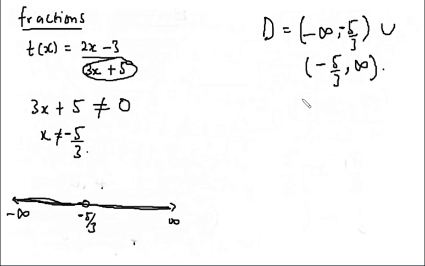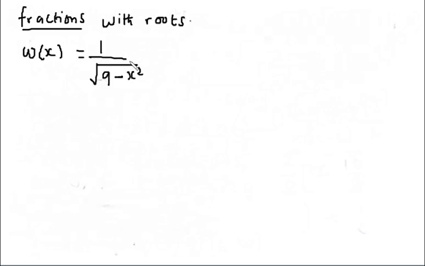So let's take another example. For fractions with roots, for the denominators, we know that the denominators must not be equal to 0. But if you have a square root, the denominator must not be less than 0 too.